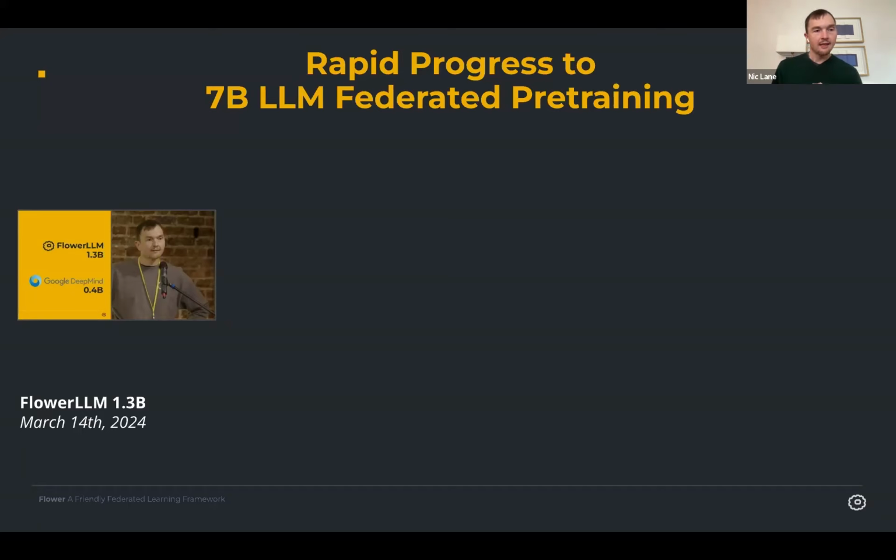We started this work in November of 2023, and by March, we had enabled the pre-training of LLMs up to 1.3 billion parameters in conditions where nodes, clusters of GPUs, were physically distributed across the world.